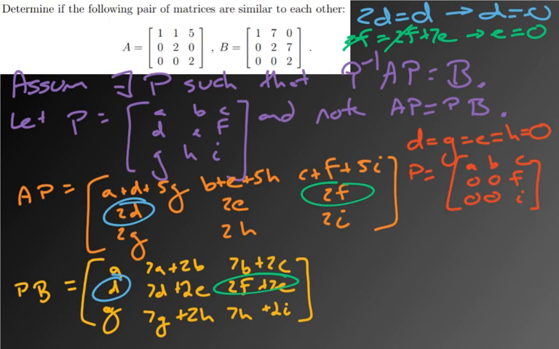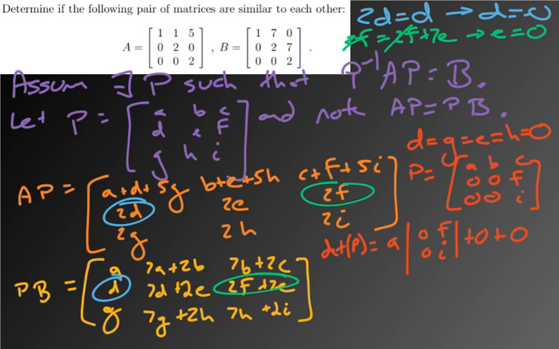If we look at matrix P here, we assumed this thing was invertible, because we would need that for it to be similar. If you look at the determinant of P and expand along this column, we would have A times the determinant of 0f, 0i, and then some 0 terms also, but we can just ignore those.